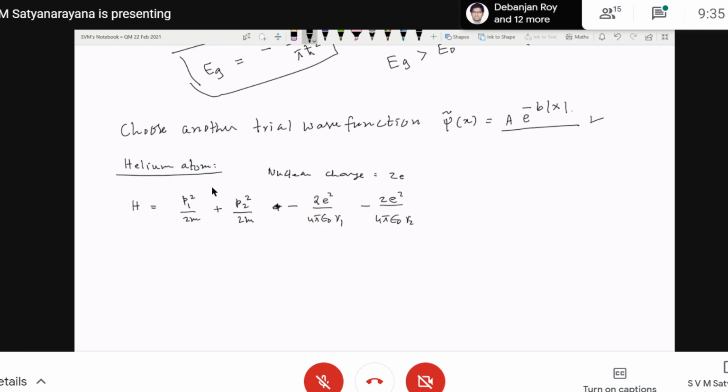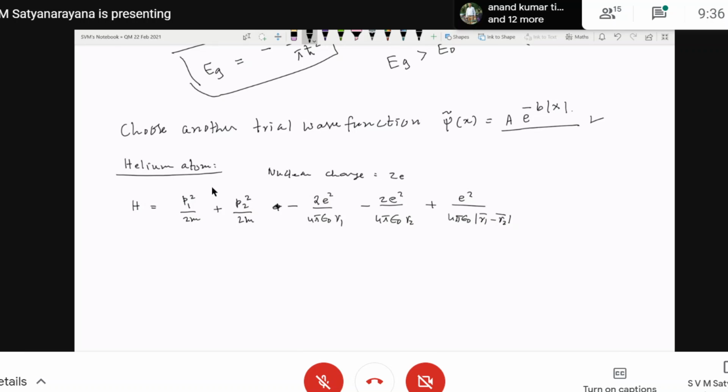This is the first electron interacting with the nucleus, the second electron interacting with the nucleus, and then of course there is an electron-electron interaction, which is given by the modulus of R1 minus R2. So this is the total Hamiltonian of this helium atom.